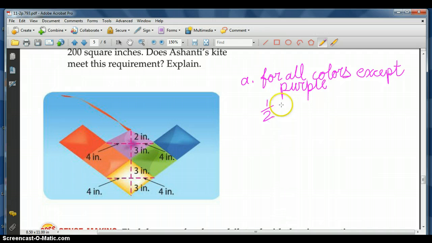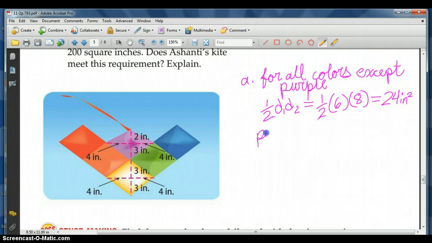our formula for a rhombus is half diagonal 1 times diagonal 2. So we would have half of diagonal 1 is 6, diagonal 2 is 8, or 3 times 8, which is 24 square inches.